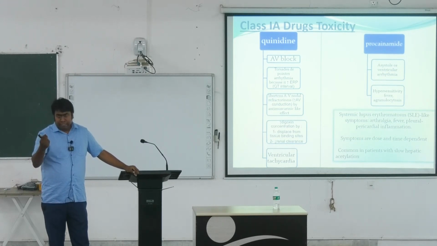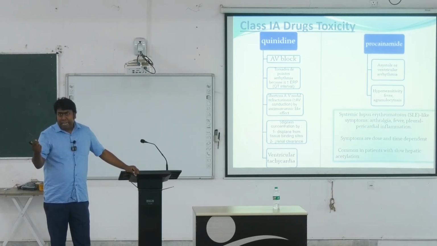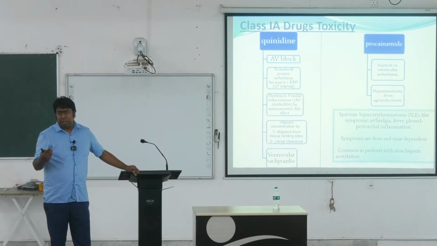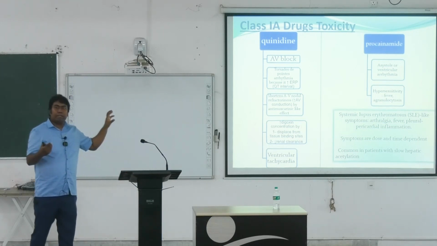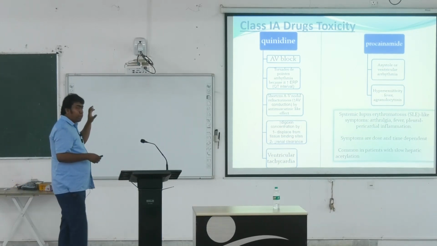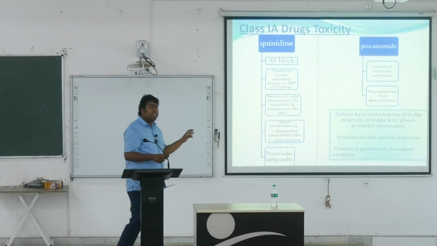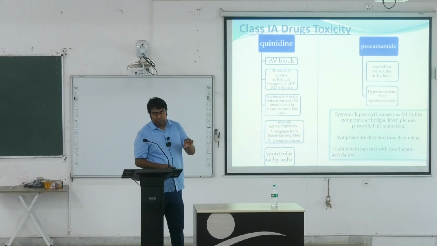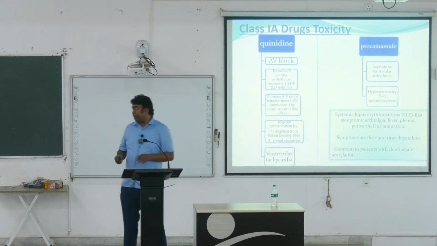There may be some ascites or inflammation of the intra-abdominal organs. There can be kidney damage that can be produced by some drug induced SLE. Clear? By procainamide.